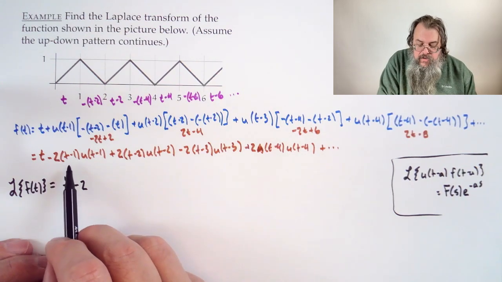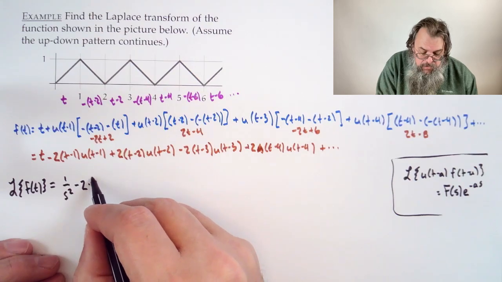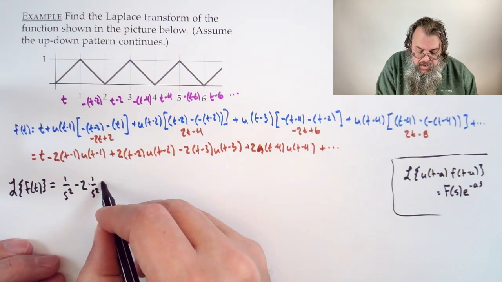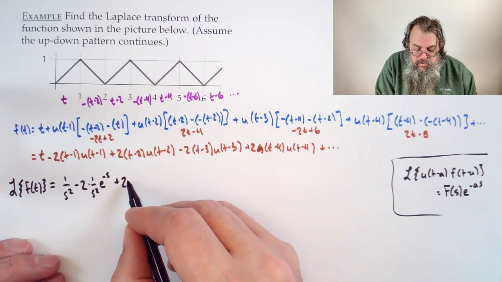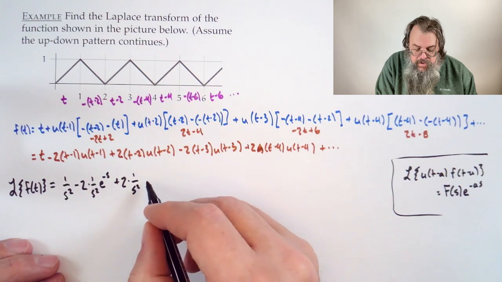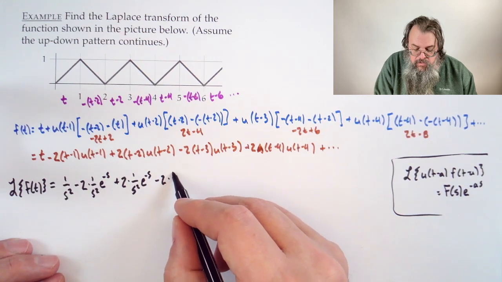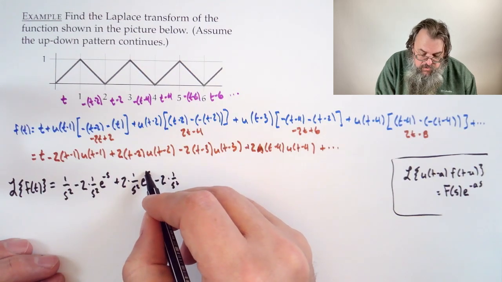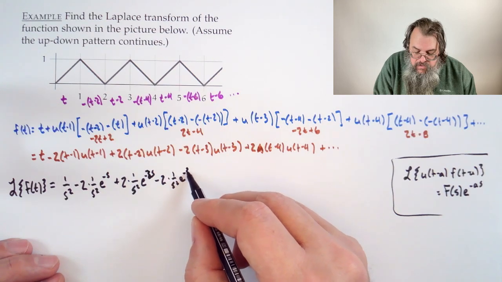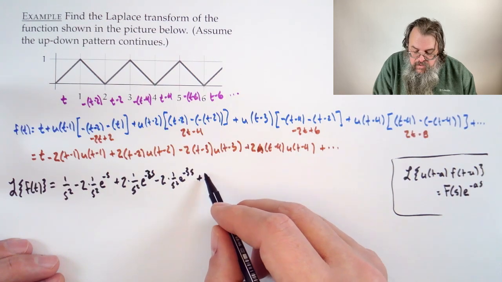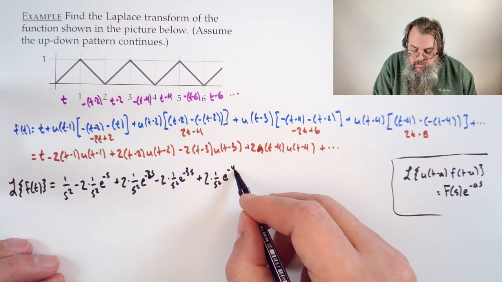So here, this is really the function t that's been shifted. So we again have a 1 over s squared, and it'll be e to the minus s, plus 2, 1 over s squared, e to the minus s, minus 2, 1 over s squared, e to the minus 2s, excuse me, and then e to the minus 3s, plus 2, 1 over s squared, e to the minus 4s.